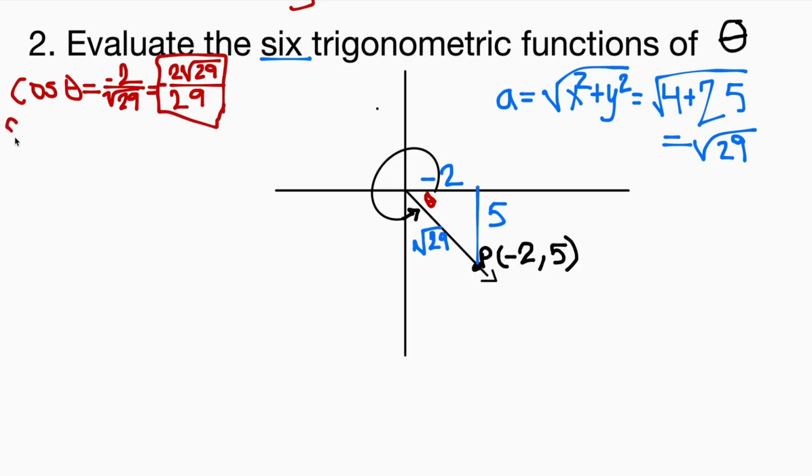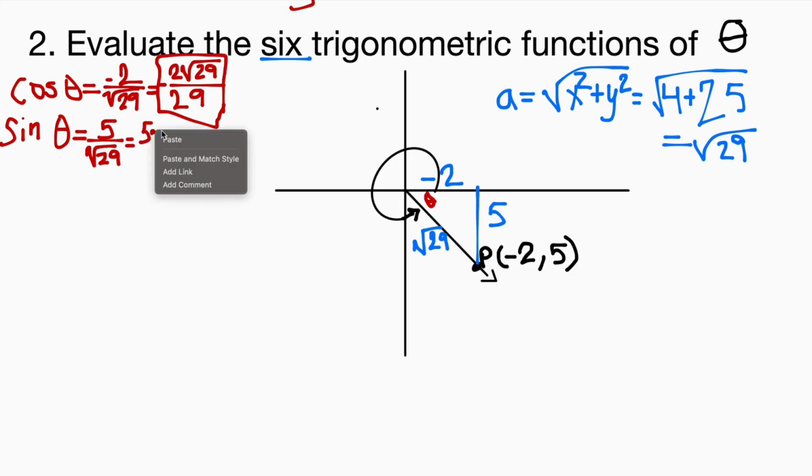Now moving on to sine. Our sine value is the opposite over hypotenuse. The opposite value is 5 and the hypotenuse is square root 29, so that would give us 5 root 29 over 29.